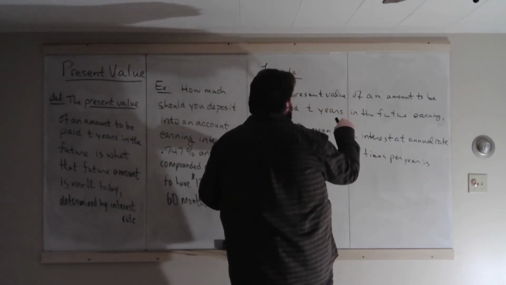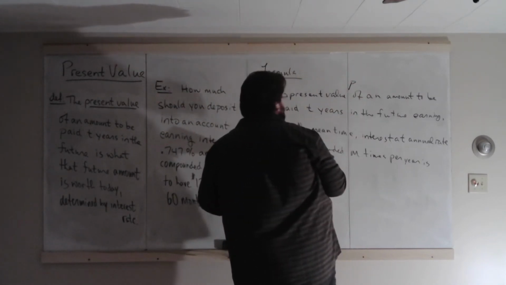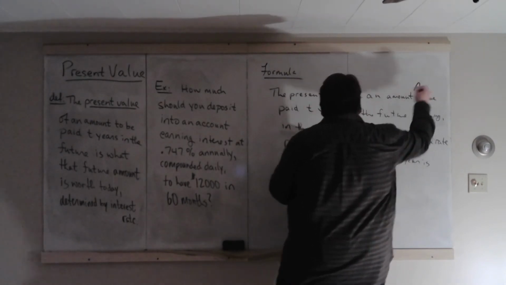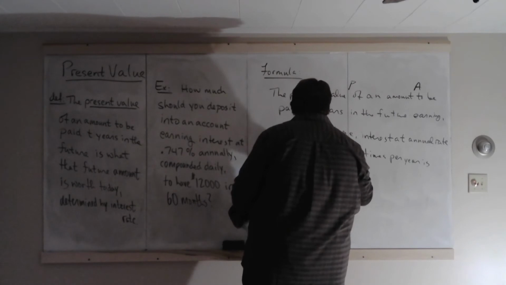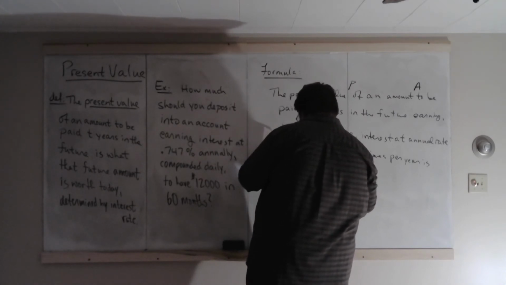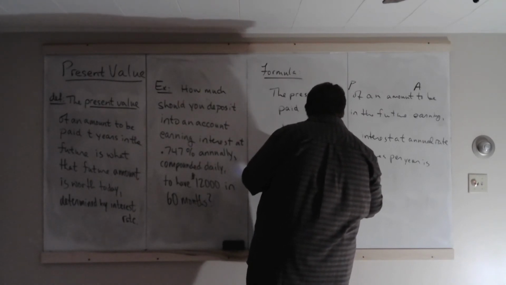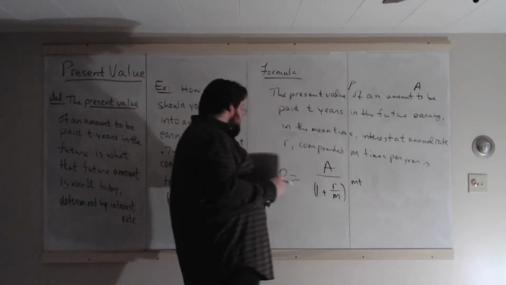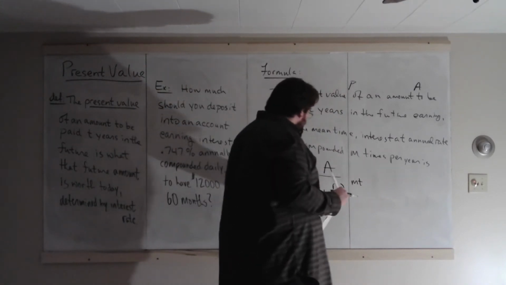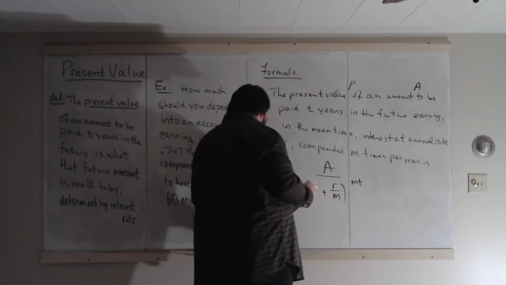The present value P of an amount A, there we go, to be paid t years in the future. Sorry about that. P equals A over (1 plus R over m) to the mt, and notice that this is the compound interest rate solved for P.